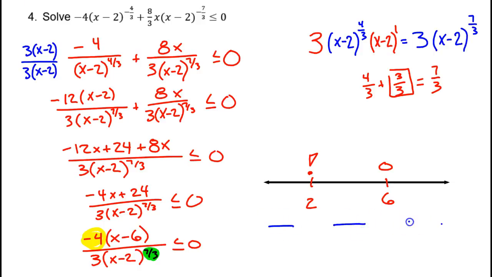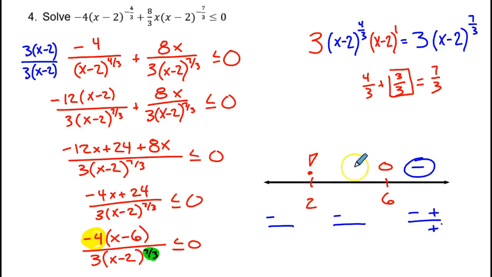So I have 3 factors I'm going to consider in each of these intervals. The negative 4 is always negative. Let's start out at the right of positive 6. Out to the right of positive 6, all of these factors are positive. So I have a negative and two positives, and that results in a negative.